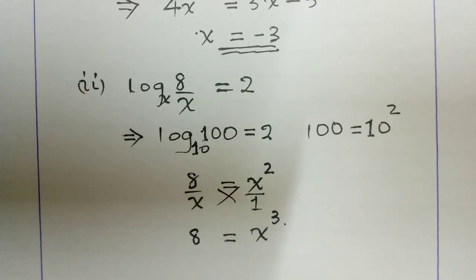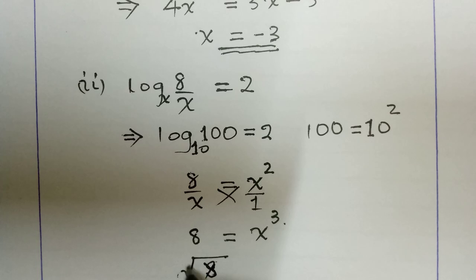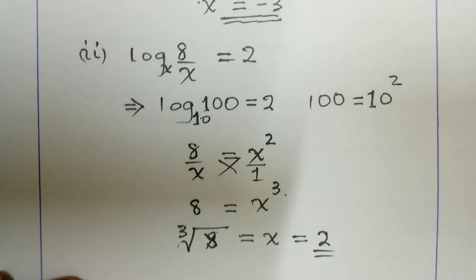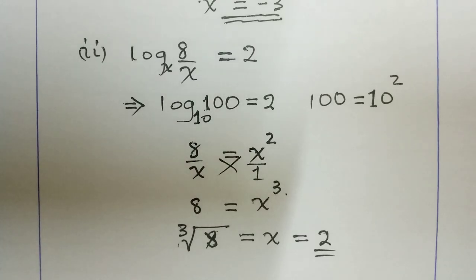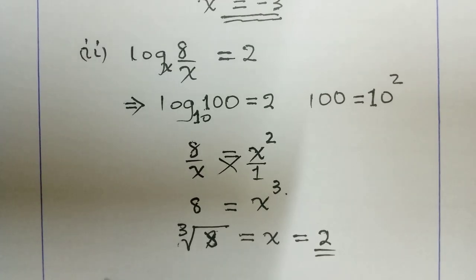Therefore, for us to get x, we look for the cube root of 8, which will give us x, and this one is supposed to be 2. That is how we do that problem. Let's now go to the next problem, Roman 3.